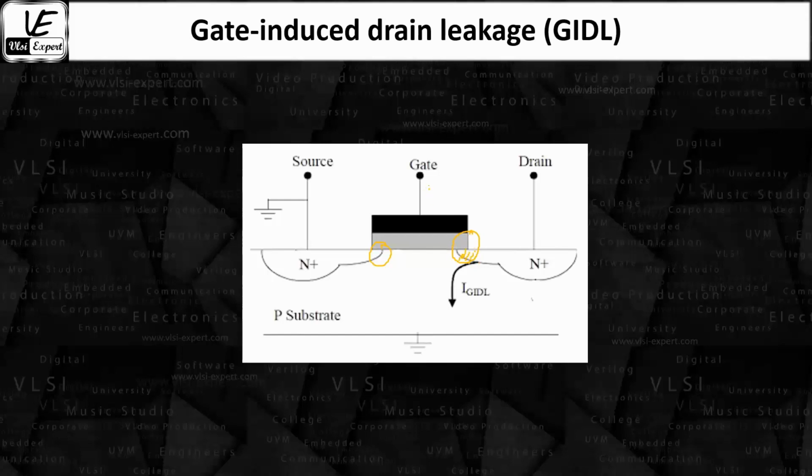We have applied VGS and also a positive drain voltage, so this overlapping region experiences strong vertical and longitudinal fields. Because of that, this region may go into deep depletion, and ultimately it gets inverted. So some of the charge carriers sweep into the substrate. We can see the direction of the current. It is drain leakage because of the gate overlap, so we give it the name gate induced drain leakage.